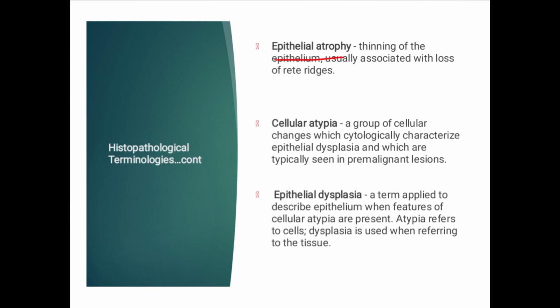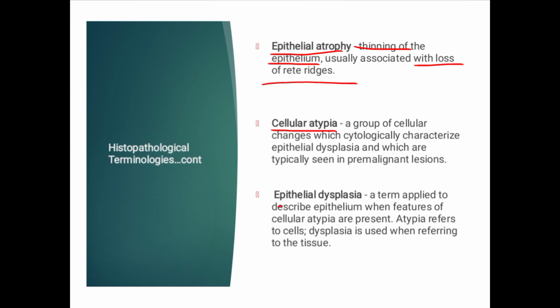Second, epithelial atrophy. In epithelial atrophy the epithelium is thin and there is a loss of rete. Then you have cellular atypia. Cellular atypia is basically that the changes are occurring on the cellular level, but epithelial dysplasia means that the changes are occurring on the tissue level.